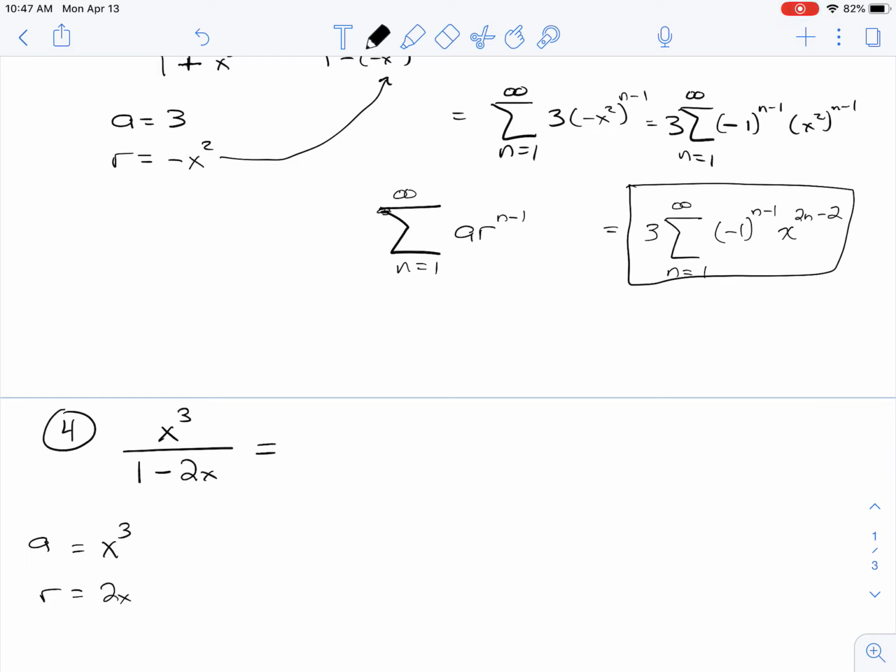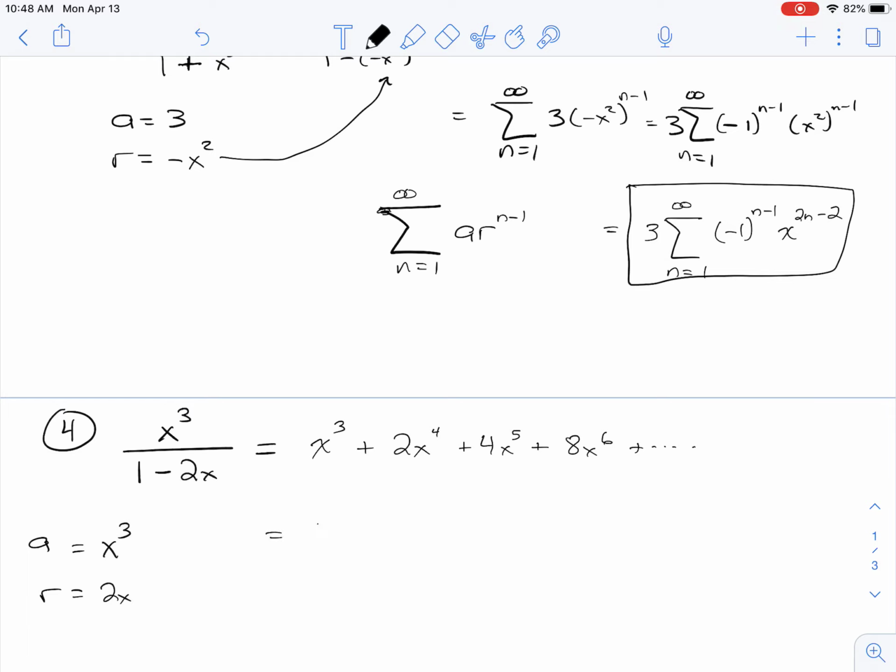So I could write this out as x cubed plus 2x to the fourth plus, not 2 in this case, 4x to the fifth plus 8x to the sixth. Every time I'm just multiplying by 2x, and so on.